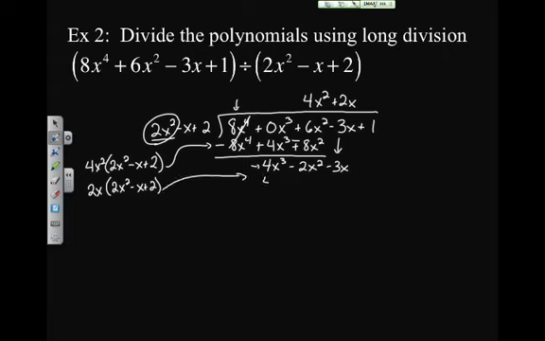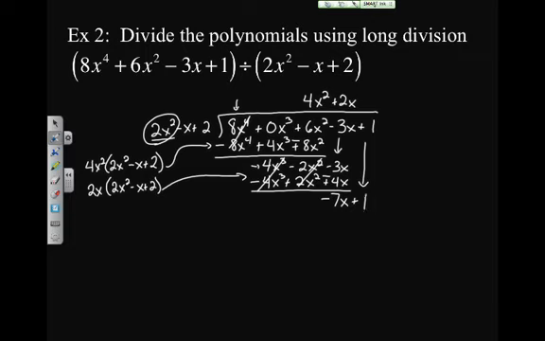So we're going to have 4x cubed minus 2x squared plus 4x. Then we draw the line, change all the signs. So the first terms cancel, and notice in this case the second terms cancel as well. So what we have left now is negative 7x, and we bring down the 1.